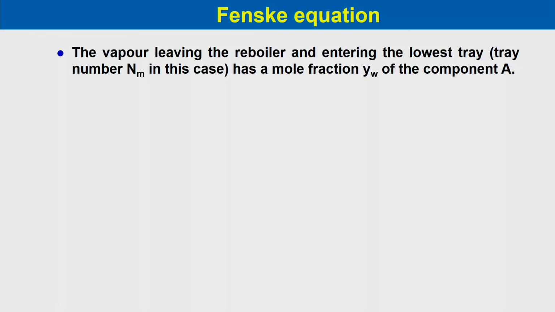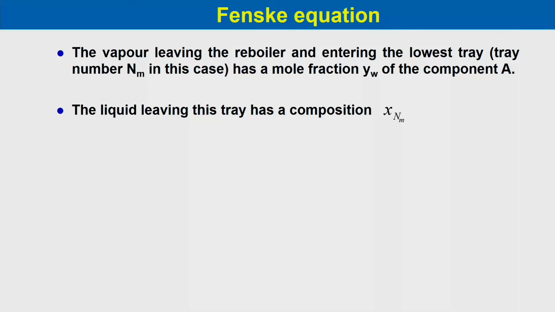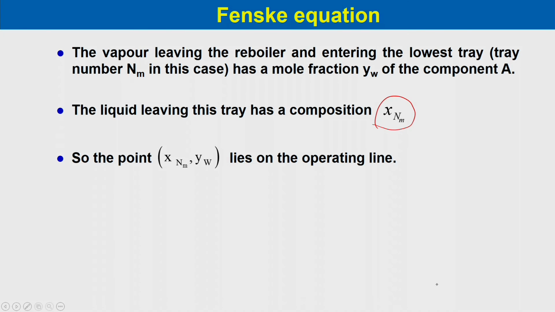The vapor leaving the reboiler and entering the lowest tray, that is the tray number Nm in this case, has a mole fraction of YW of the component A. The liquid leaving this tray has composition XNm. So, the point XNm and YW lies on the operating line.